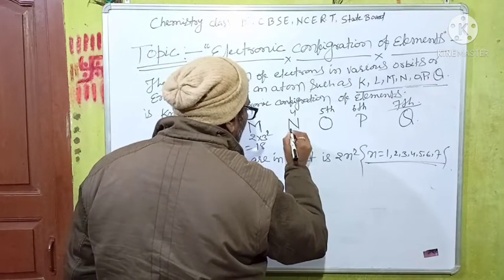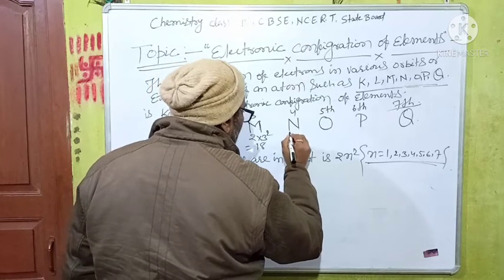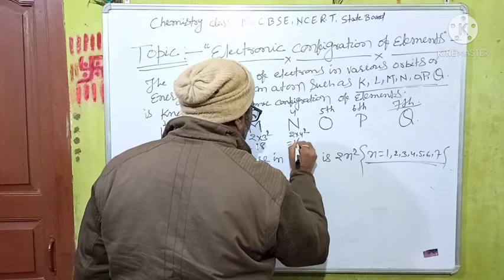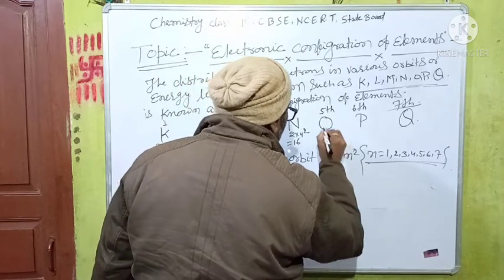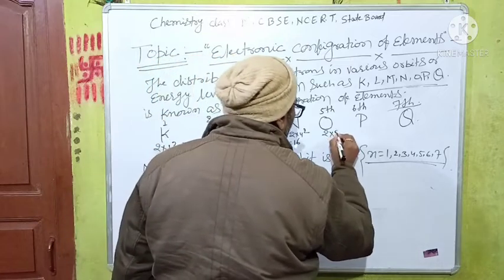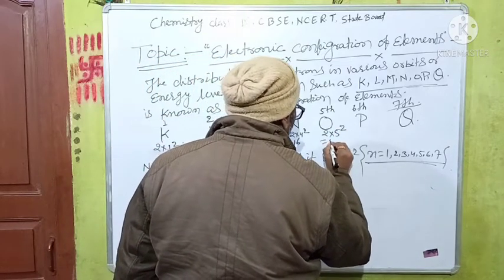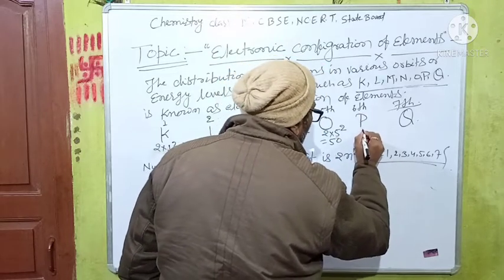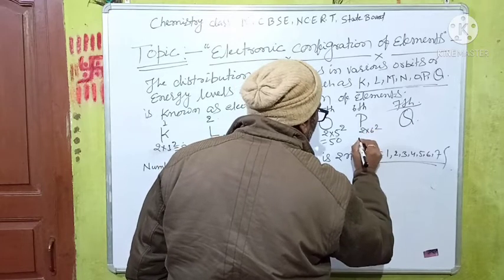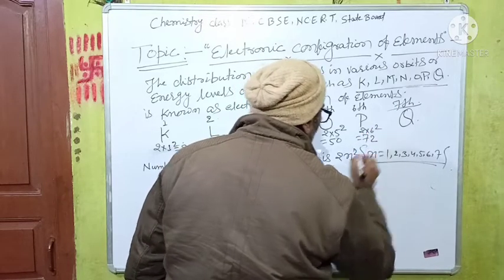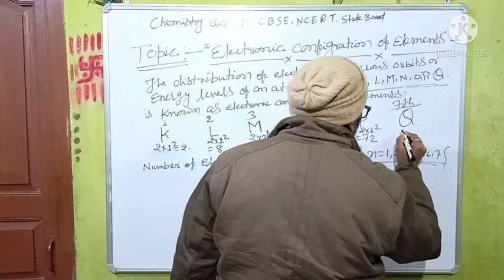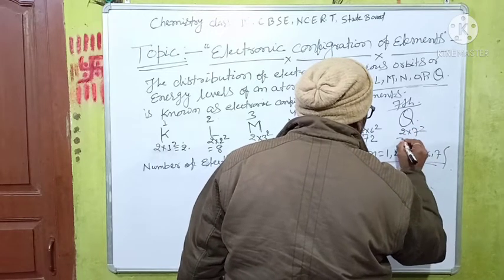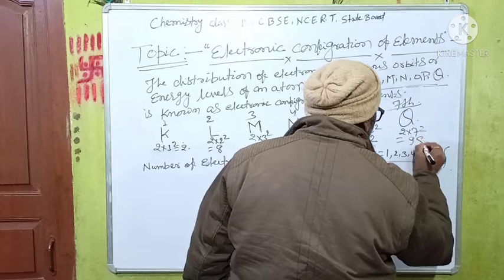In N, the fourth orbit, 2 into 4 squared is equal to 32. In the fifth orbit, 2 into 5 squared is equal to 50. For the sixth orbit P, 2 into 6 squared is equal to 72. And in the seventh orbit Q, 2 into 7 squared is equal to 98.